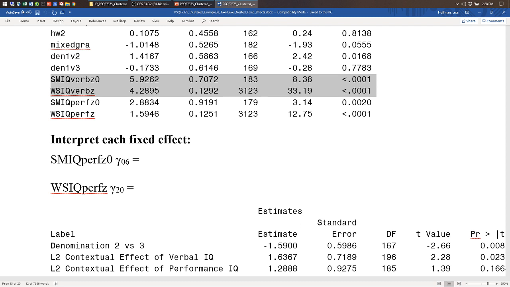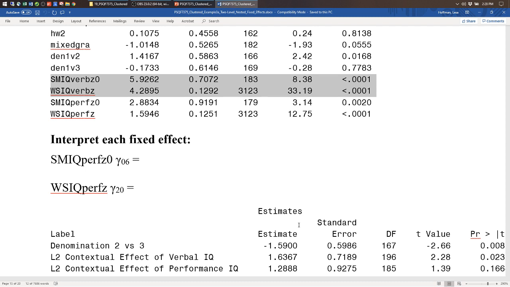That's what group mean centering does. It renders them completely orthogonal. Within school IQ is the difference between your score and your school's mean, whatever that is. What the mean is, differences in the school means, is captured by the level 2 predictor.